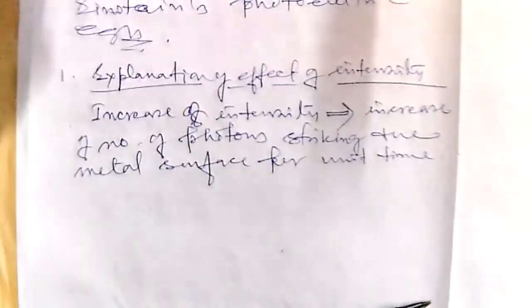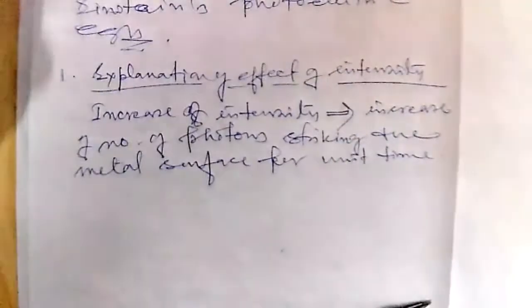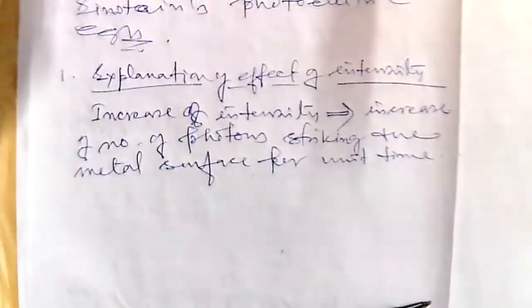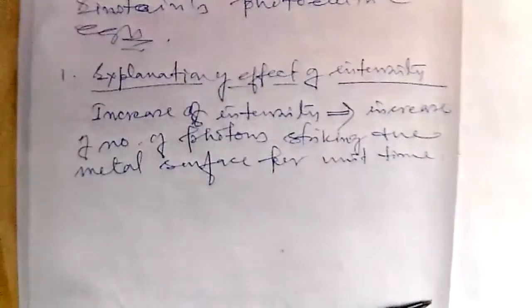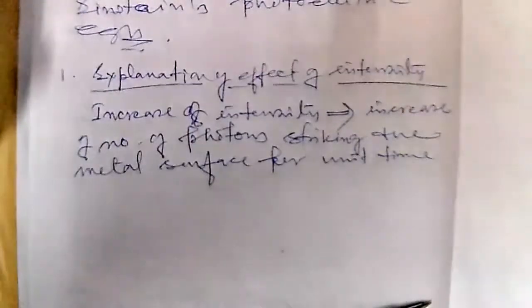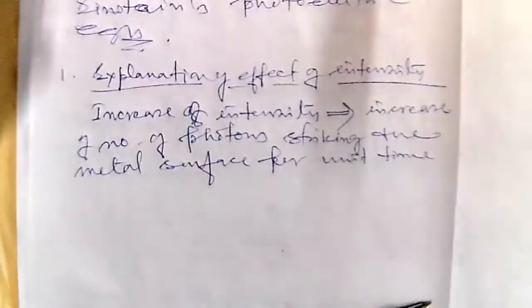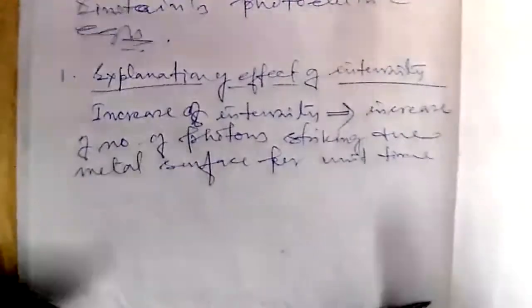But now Einstein proposed, according to the particle nature of light, intensity is just the measure of the number of photons striking the surface per unit time. It is not related to the energy of a single photon. It is related to the total number of photons.